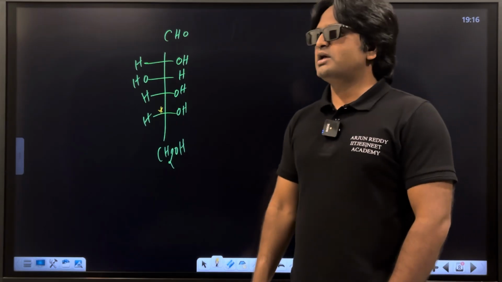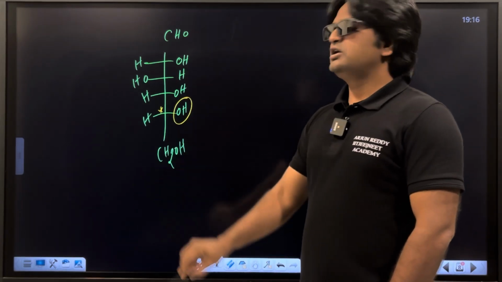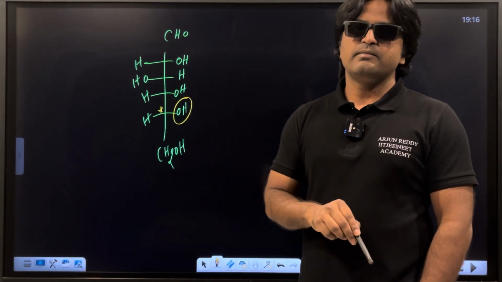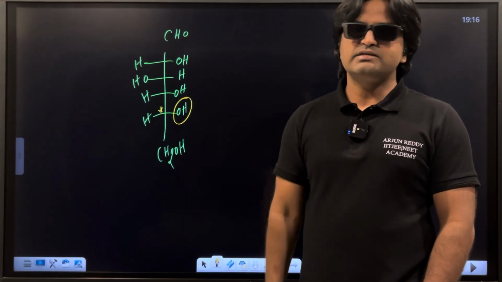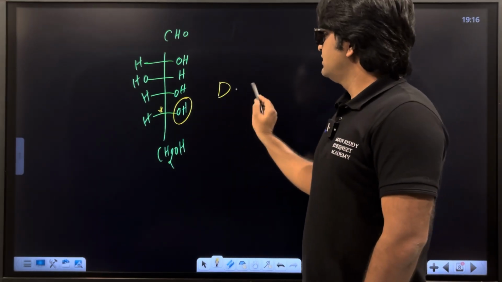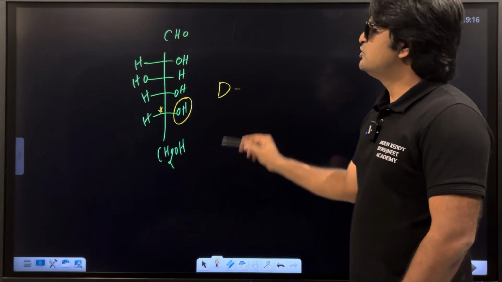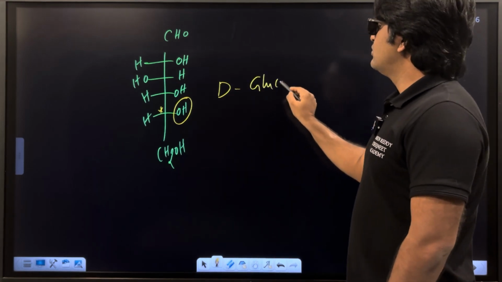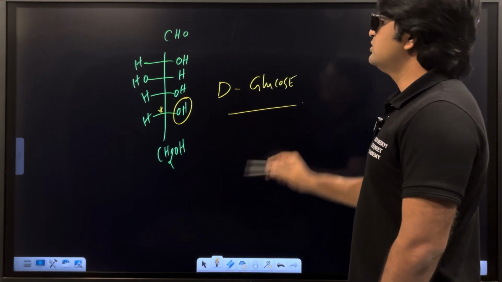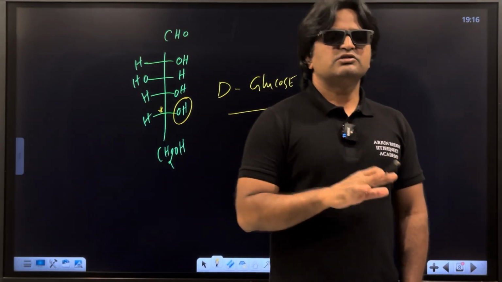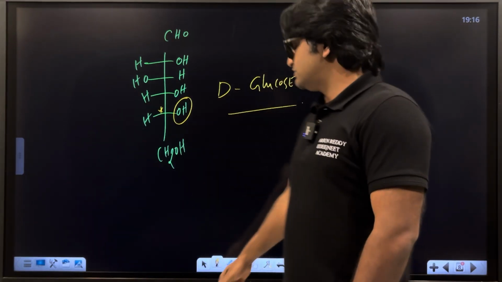At the bottommost carbon atom, is your OH connected to the right side or left side? Your OH is connected to the right side. Then what is the configuration? D configuration. Now this is known as the D-glucose molecule. So that is the way of giving DL configuration.